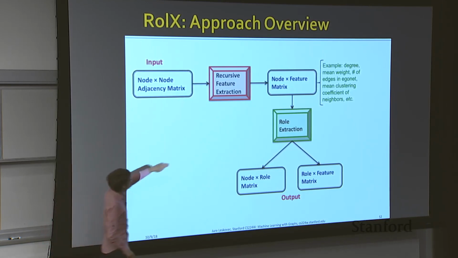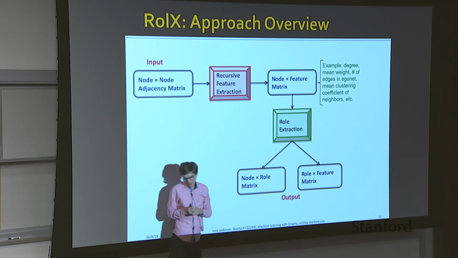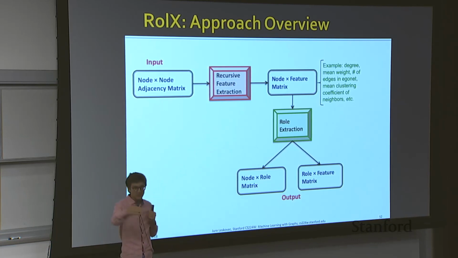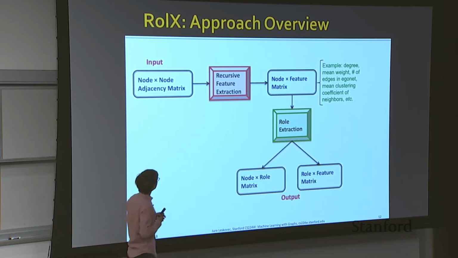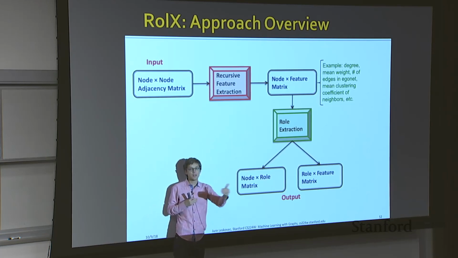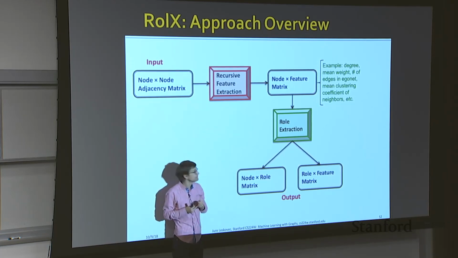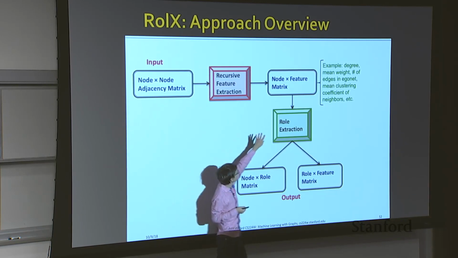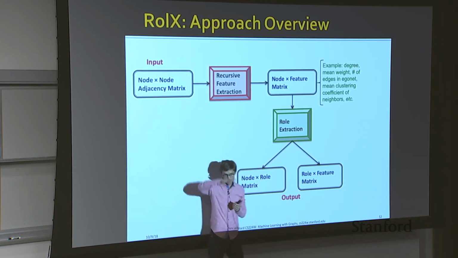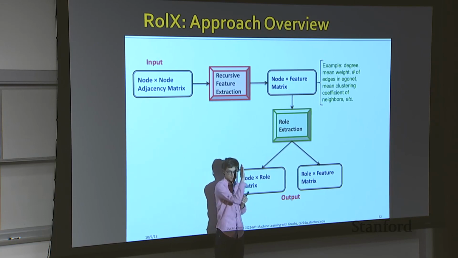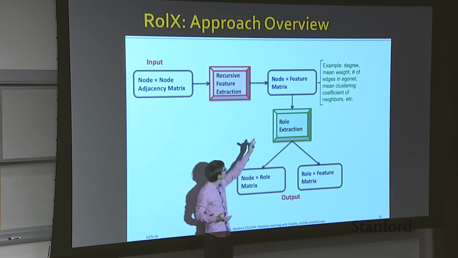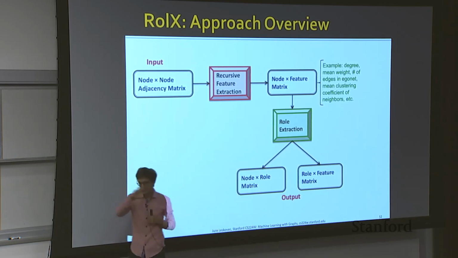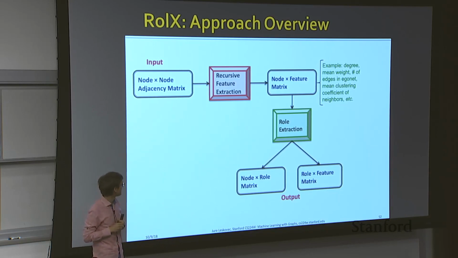And what we will do, in the first step, is create a descriptor for every node. And this descriptor will be created recursively. I will show you how. After those descriptors are created, we will have a different matrix where the number of rows will be the number of nodes and the number of columns will be the number of features that are part of the descriptor of every node.